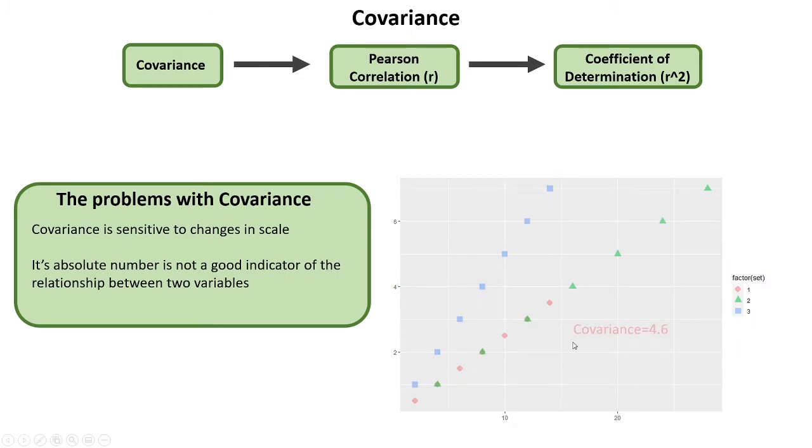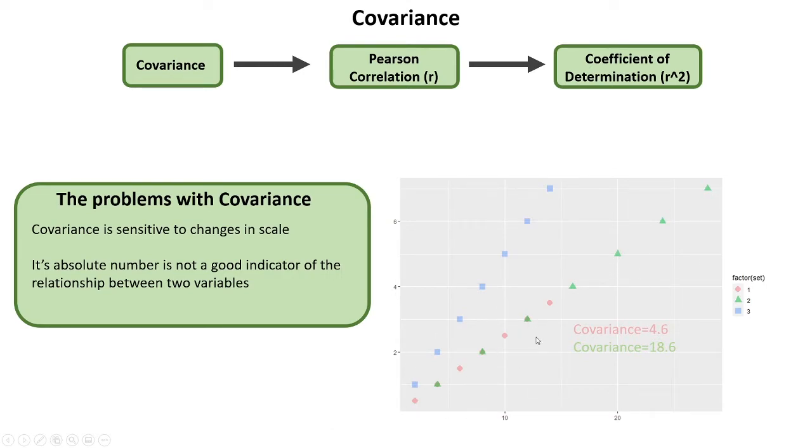My red circles have a covariance of 4.6. And you can see that my green triangles have the exact same relationship as the red circles, except I multiplied the values of each one by 2. So it's just doubled in scale. But the covariance of the triangles, despite having the exact same relationship between the x and the y as the red circles, right?